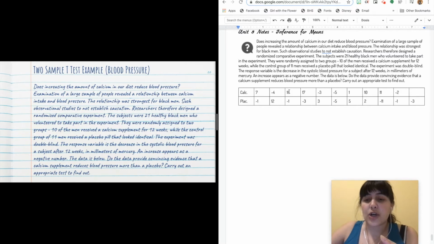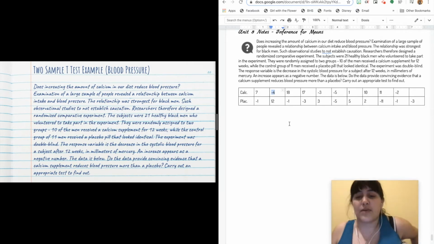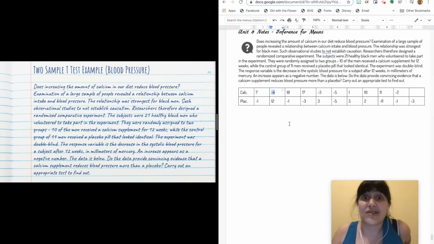That is a large decrease in blood pressure. This number right here, the 1, not so hot, that's a very small increase. And this, for example, that's really what I don't want. If I want my calcium pill to work, then I don't want negative numbers, I want positive numbers. A negative number is an increase in blood pressure. So that's no bueno. That's not what we want.